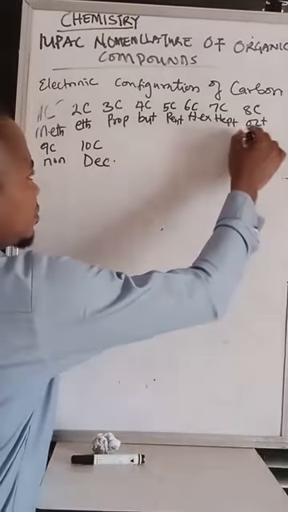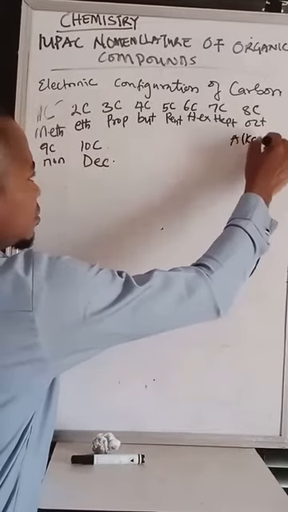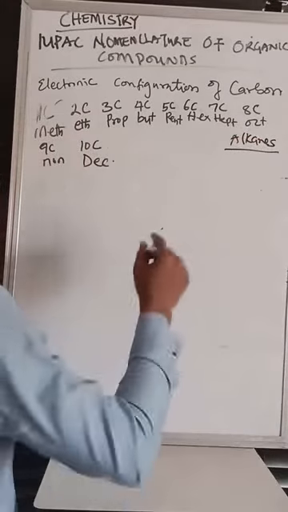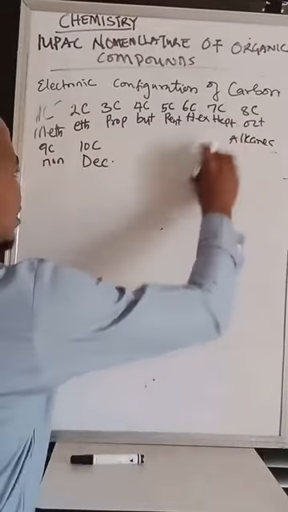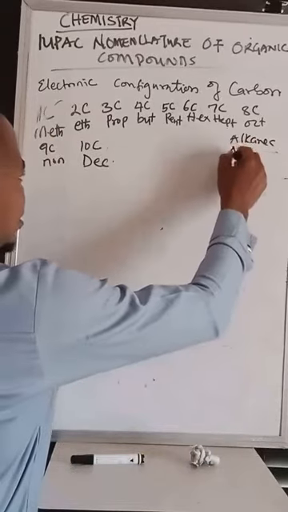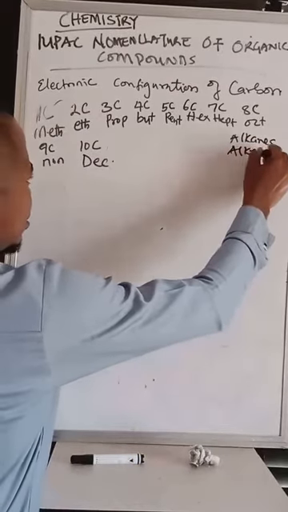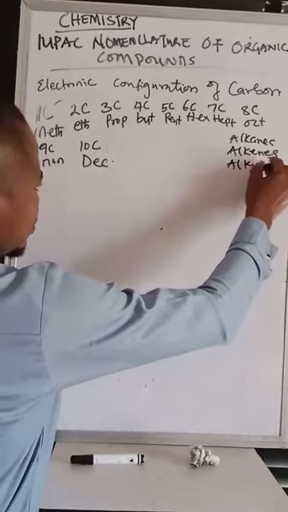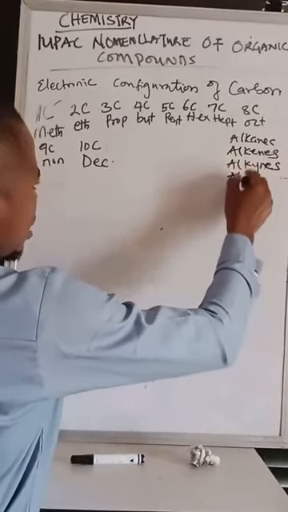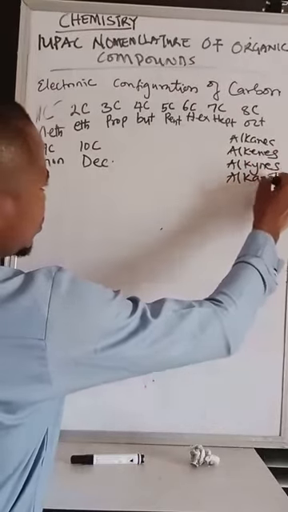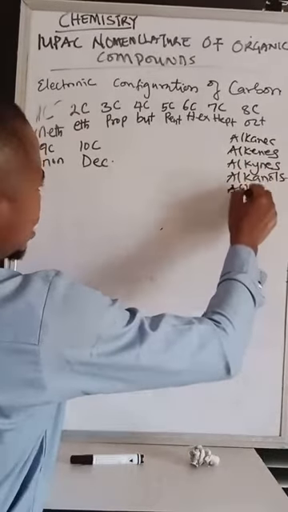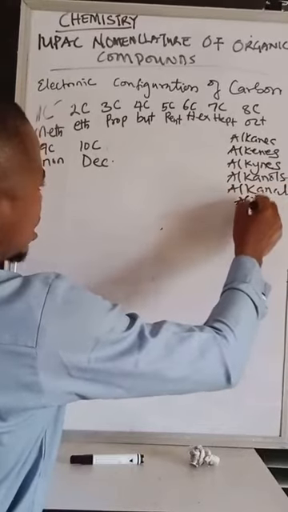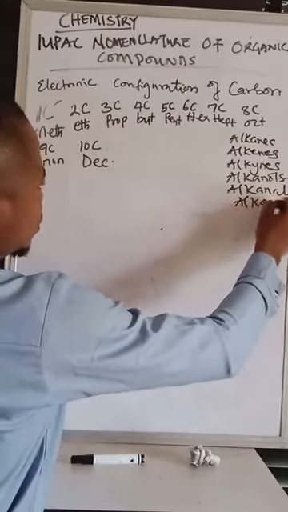So we have the alkanes, the alkenes, the alkynes, the alkanols, the alkanals, and the alkanones, and so on.